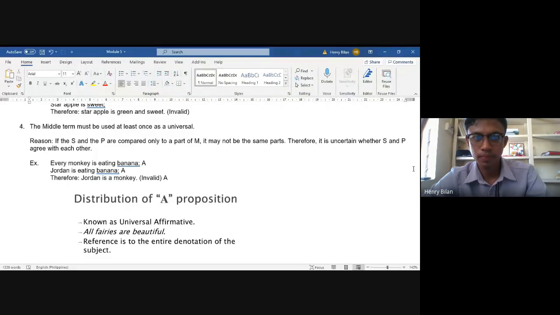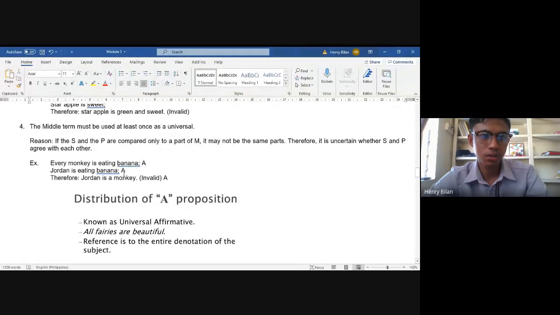Okay? Let's take a look at this example. Every monkey is eating banana. Jordan is eating banana. Therefore, Jordan is a monkey. Alin ang middle term natin dito? Banana. In the major premise, banana is undistributed. Eating banana. Undistributed.